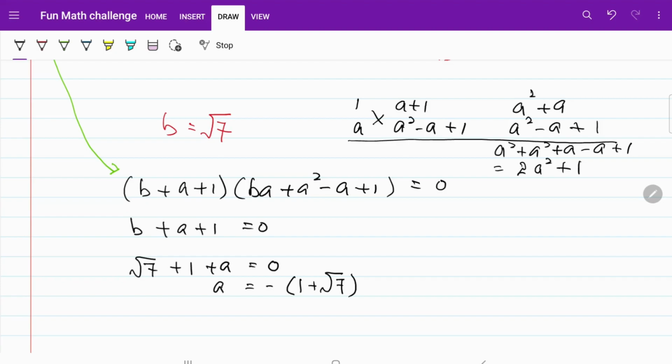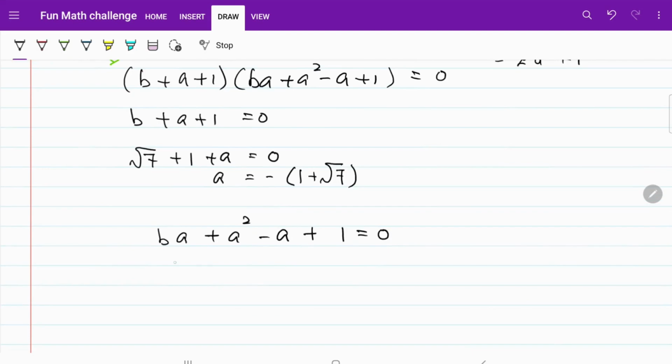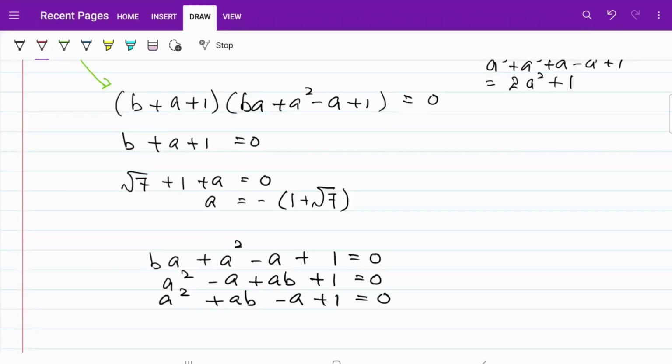Let's consider our second scenario. I have ba plus a squared minus a plus 1 equal to 0. Let's rewrite this expression. I have a squared minus a plus ab plus 1 equal to 0. A squared plus ab minus a plus 1 equal to 0. Again, we have b equals to square root 7.